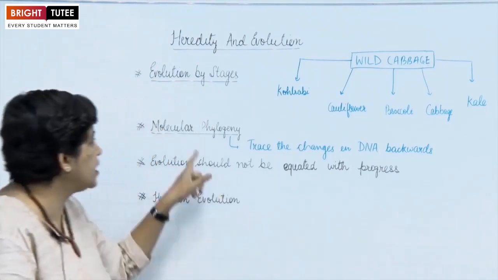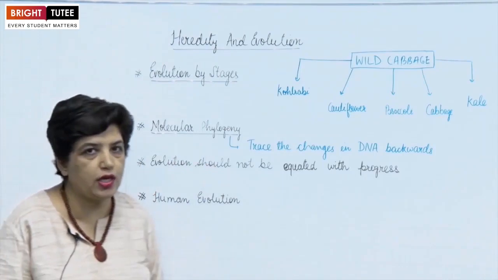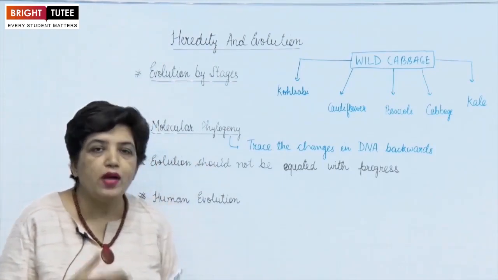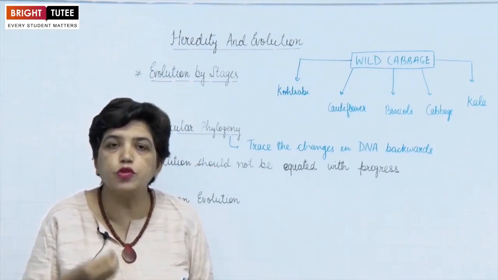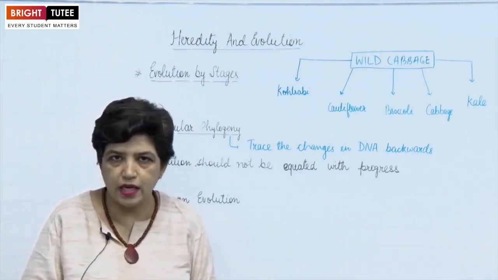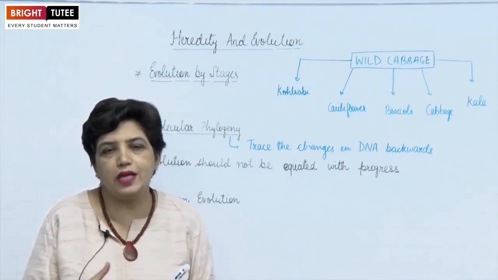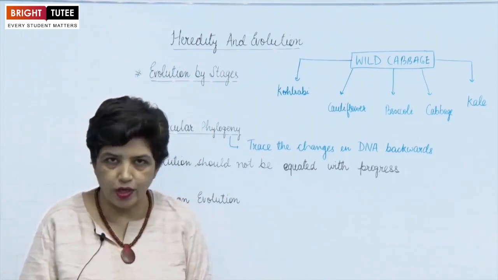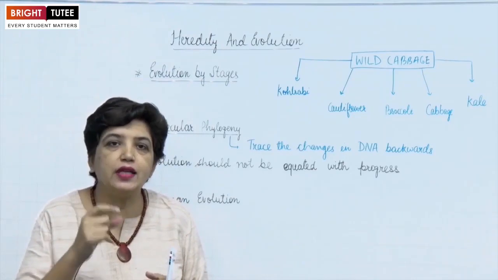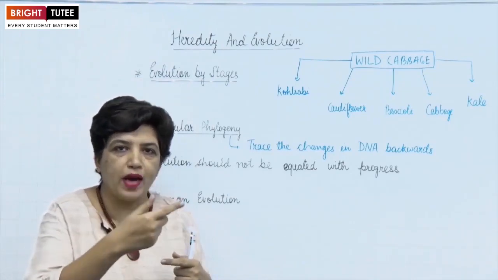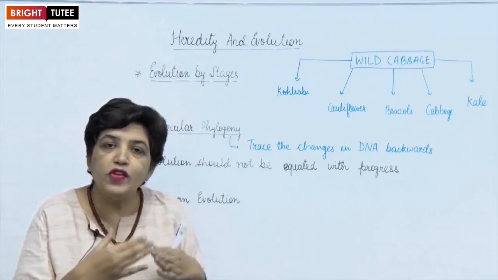The next topic is molecular phylogeny. Actually, I told you the changes in the DNA lead to different types of proteins that are formed by the DNA, which ultimately leads to different features in the body. Now, if these changes in the DNA are studied in a backward manner, what will happen?